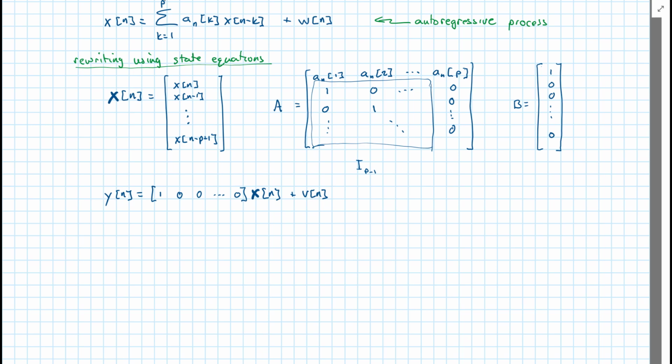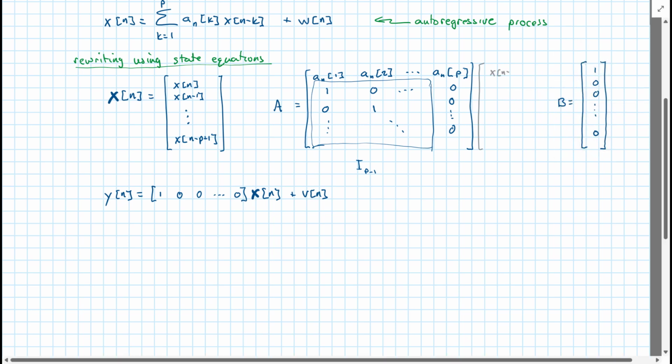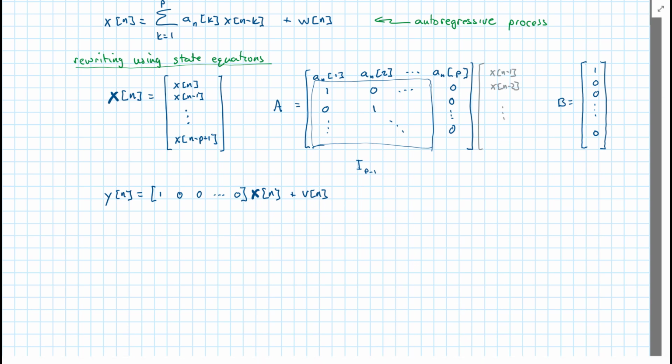And then the second value of our updated state vector, which is x, is going to be equal to 1 times, I'll just put it right here so we can visualize it. This is going to be x of n minus 1, n minus 2, so on and so forth, to n minus p. Yeah, that should be a little bit easier.